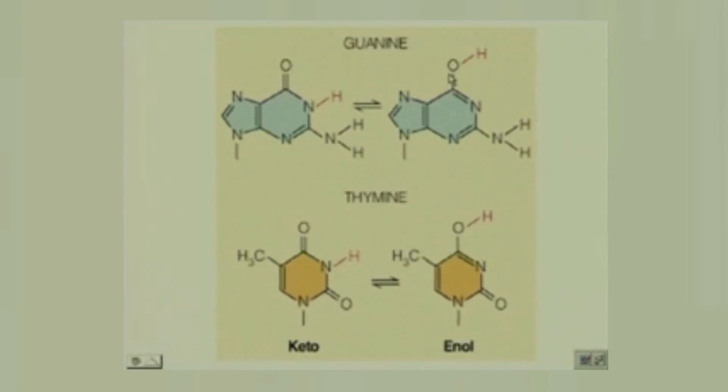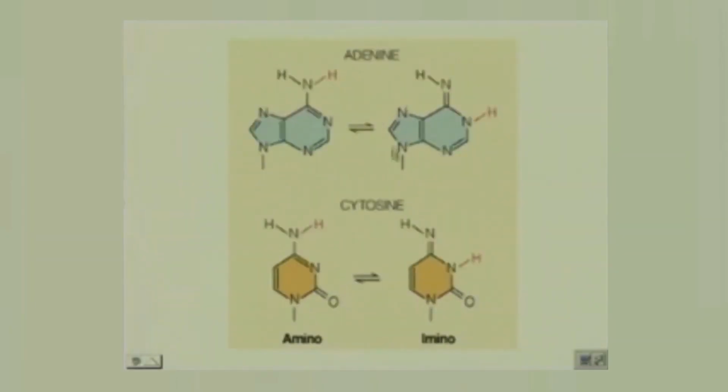So that is the difference in the type of tautomerization that you can see in A and C. So what is the type of tautomerization you see here? It is an amino-imino type of tautomerization, where your hydrogen is shifted from the amine group to form an imine. Okay, so we have this H shifted in cytosine.